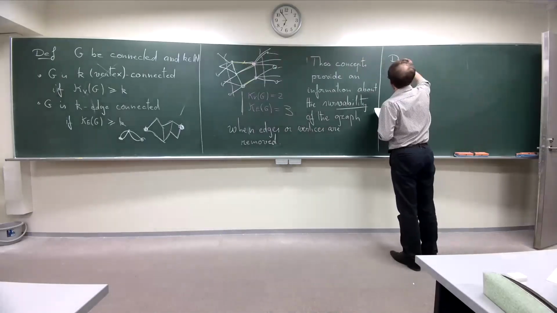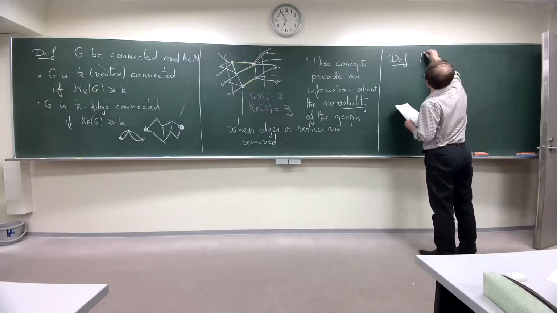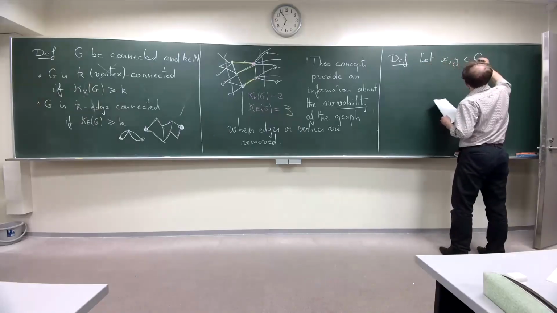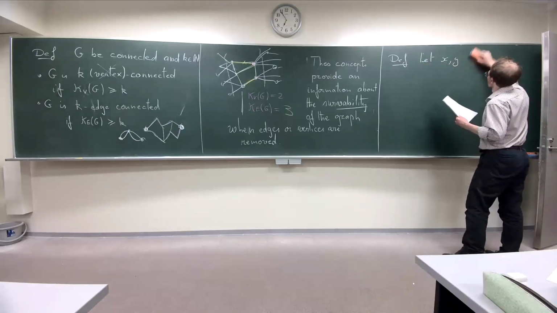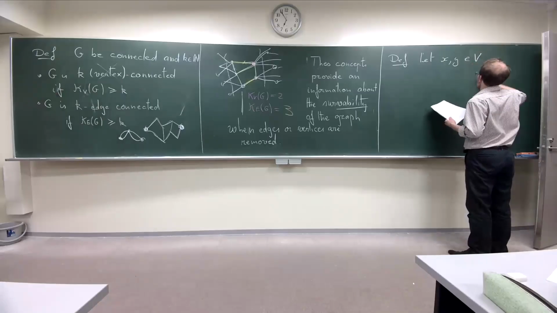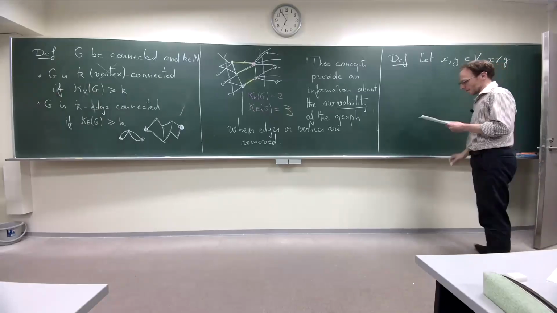This is the next notion I want to define. So, in the definition, I consider X and Y in G, these are vertices, V is always the set of vertices, and I consider them different.